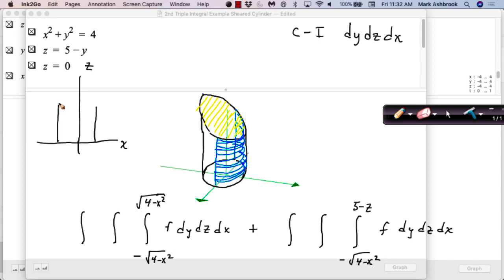Circle. But then we've got this too, which is important. So even though that's not on the left side, it's on the right side, we've got to include it. So that's what the projection looks like.